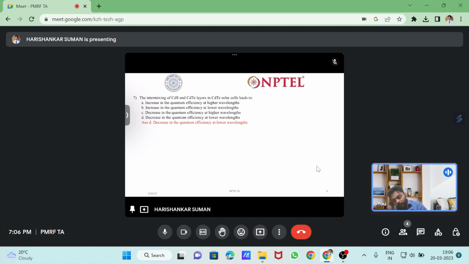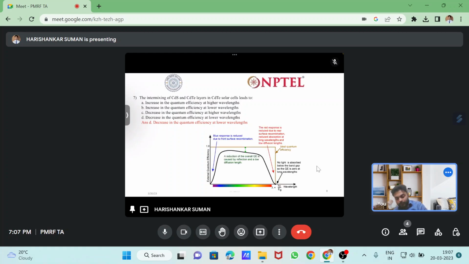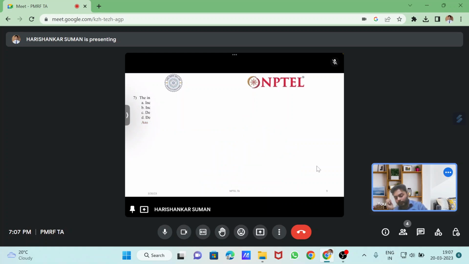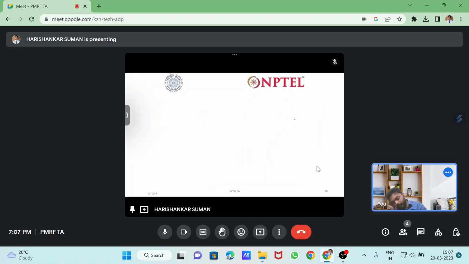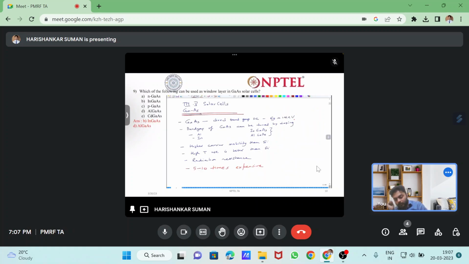And then treatment of intermixing of cadmium sulfide and cadmium telluride improves the surface quality, so decreasing quantum efficiency at lower wavelength sides. P-type characteristic of gallium arsenide can be enhanced by this material, and window layer.